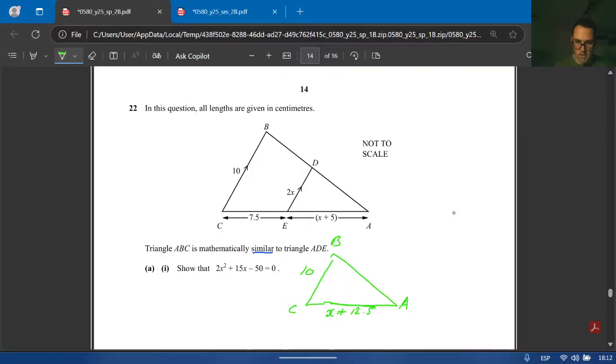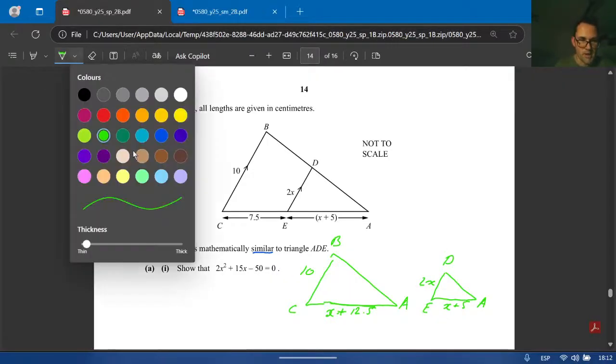That's from A to C. Then there's a smaller triangle, which was put on top of it, where we have D here, E here, and A there. DE is 2x, and AE is x plus 5. I just separated the 2 triangles, so things are a little bit clearer.